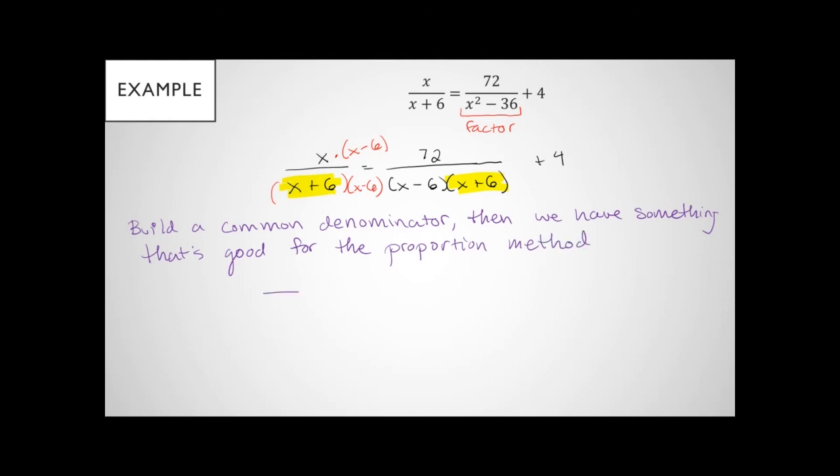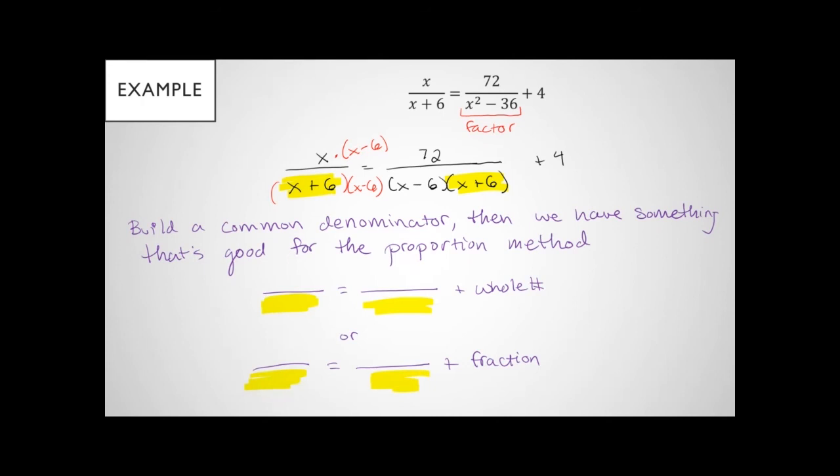And anything that's good for the proportion method, we're going to just try, as in general, you have fractions that match in the denominator, and then they have either another fraction that doesn't match added on, or a whole number added on. Those are the ones that are good to use the proportion method on, to put them on the same side and then cross multiply.